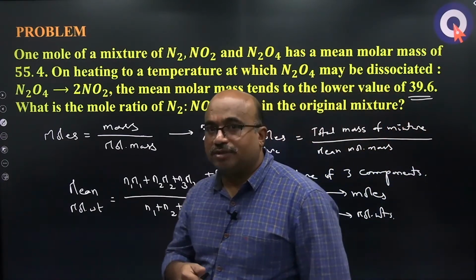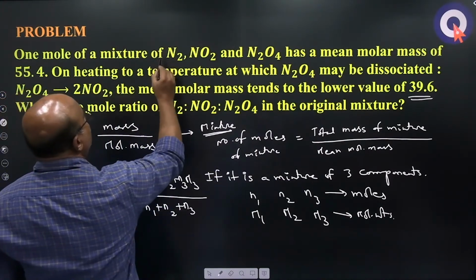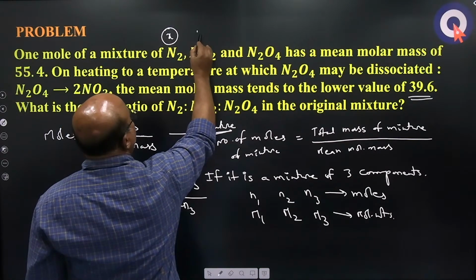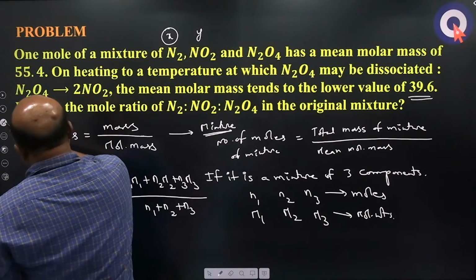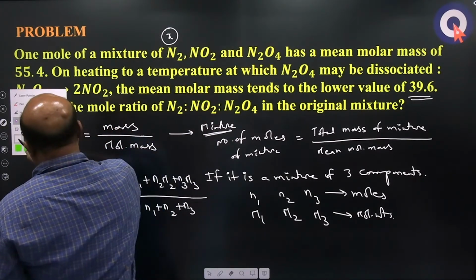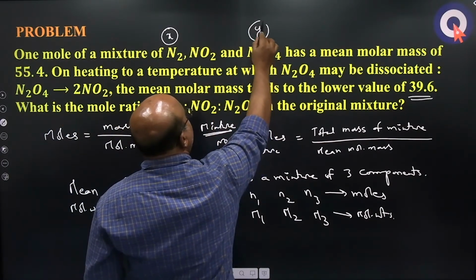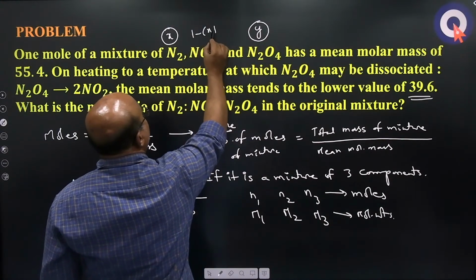So let us say the number of moles of N2 is X, and the number of moles of N2O4, as given here, let us take as Y. So the number of moles of NO2 should become 1 minus X plus Y.